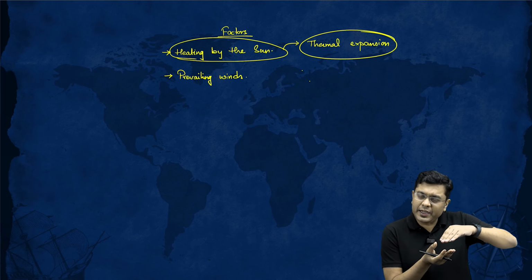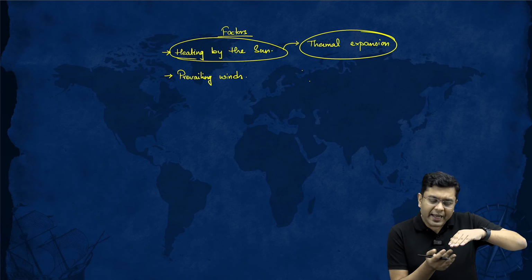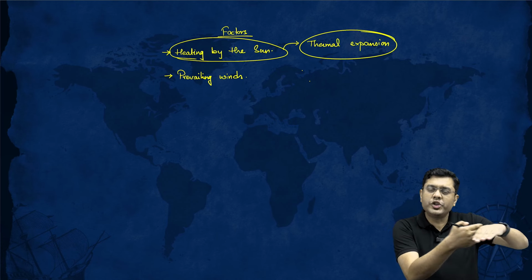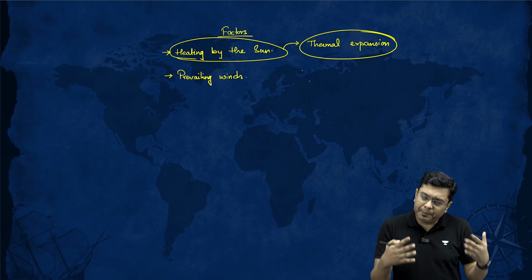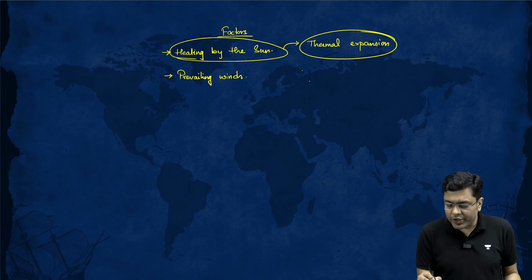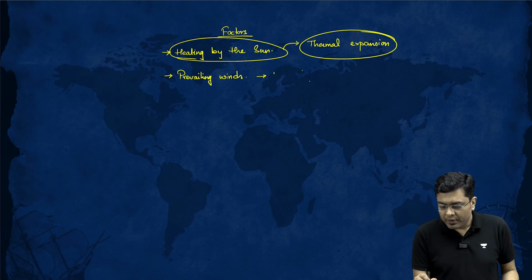You already have a slight bulge provided in the water. Then, if the winds are blowing in this direction, they will be carrying the water in that direction. So these winds, the permanent wind systems, provide direction. Directionality is provided.